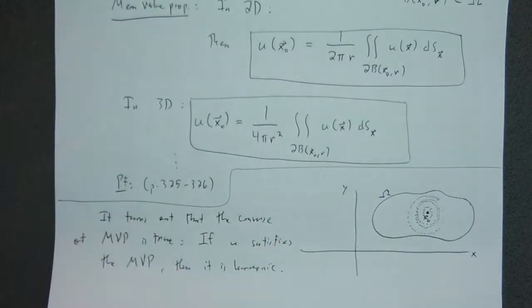And so actually, this mean value property is just as important as being harmonic, in the sense that they're actually equivalent. Being harmonic gives you the mean value property. Having the mean value property forces you to be harmonic. So these go hand in hand. These are equivalent conditions. So that is another way of thinking about how special being a harmonic function is, because this is certainly not something that you could expect a completely generic function to satisfy.